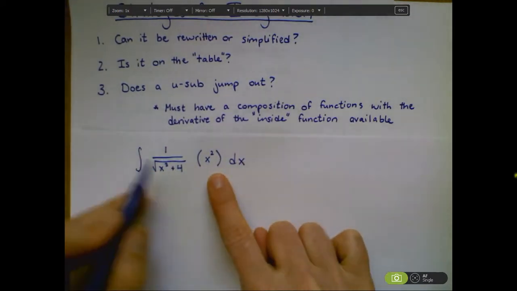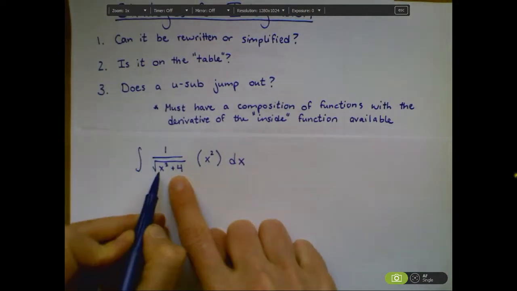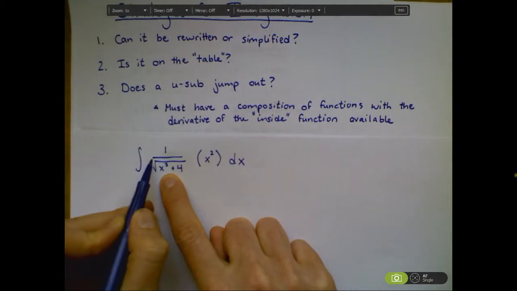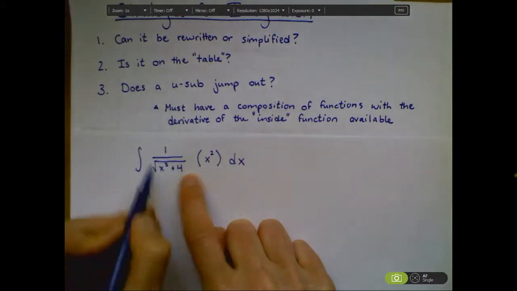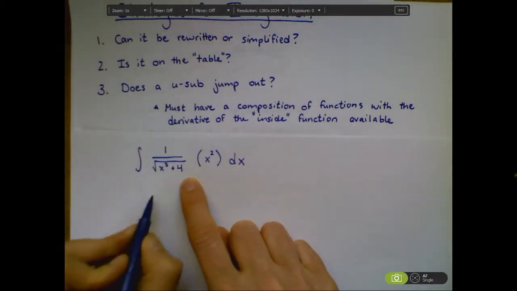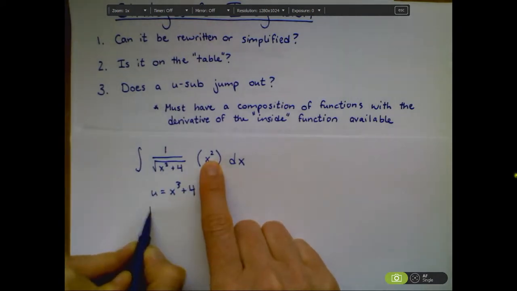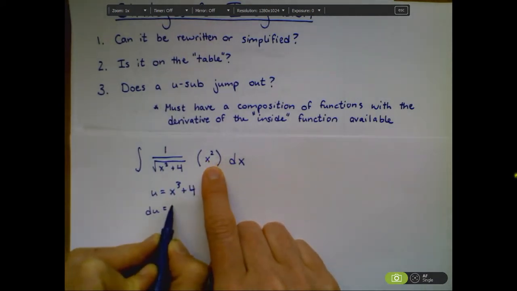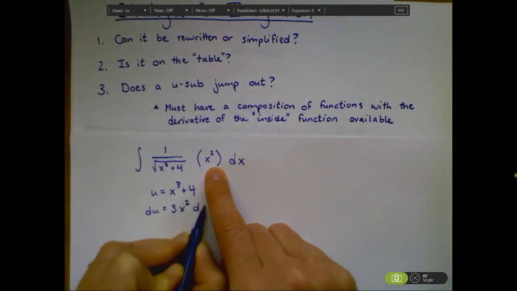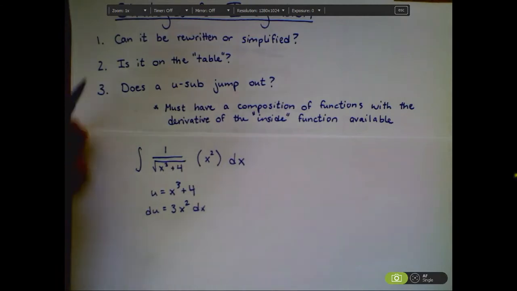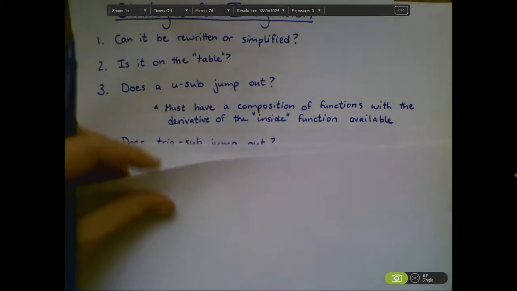Why is this a classic example? Because it's a composition of functions, with this crazy function within the function, all raised to the negative 1/2 power. And the inside function, if I let u equal x cubed plus 4, I have the derivative sitting right here. I just have to multiply by 3. So this is an example of a u substitution that just jumps out.